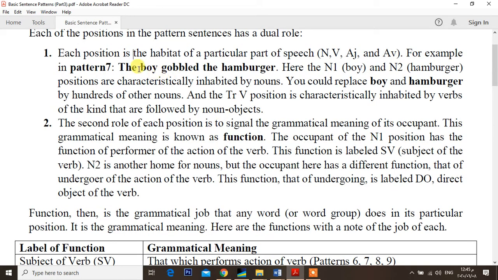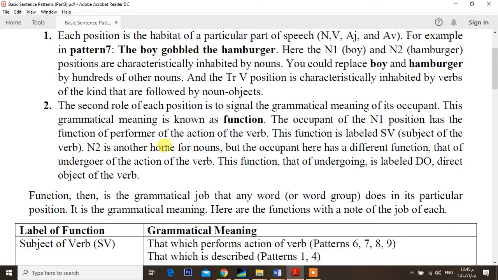So here the function of the boy is the performer of the action of the verb. So he performs the action, which is gobbled. This function is labeled SV, which stands for subject of the verb.